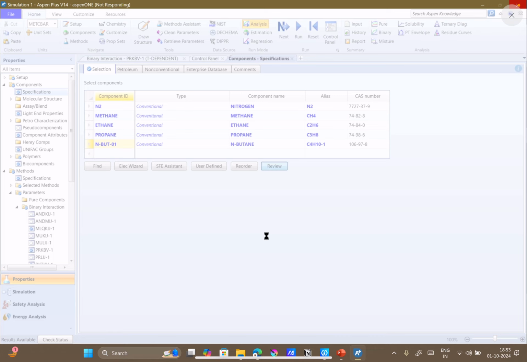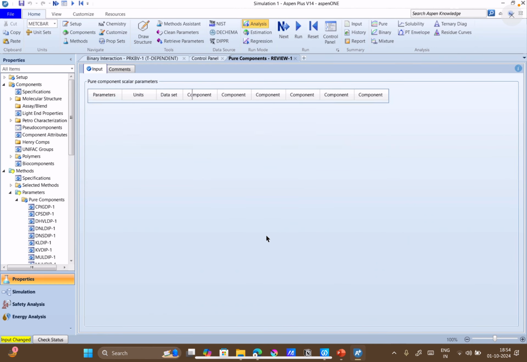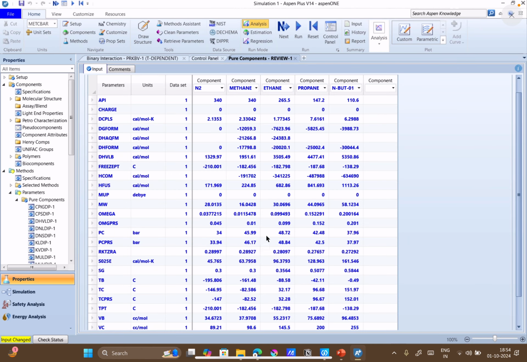So let's wait. Here you can also see the boiling point for your methane is minus 161, which we already saw, right?